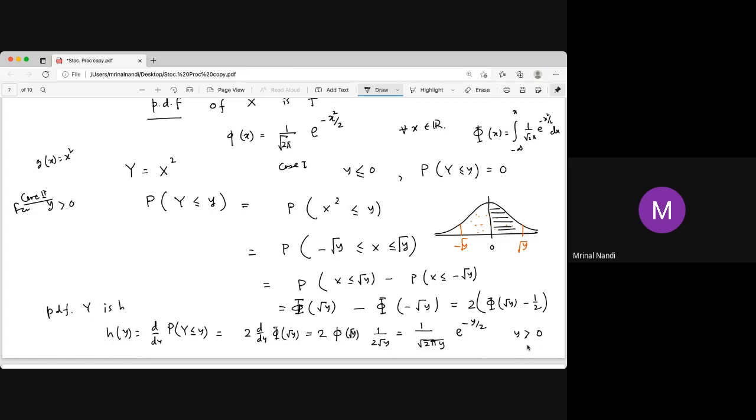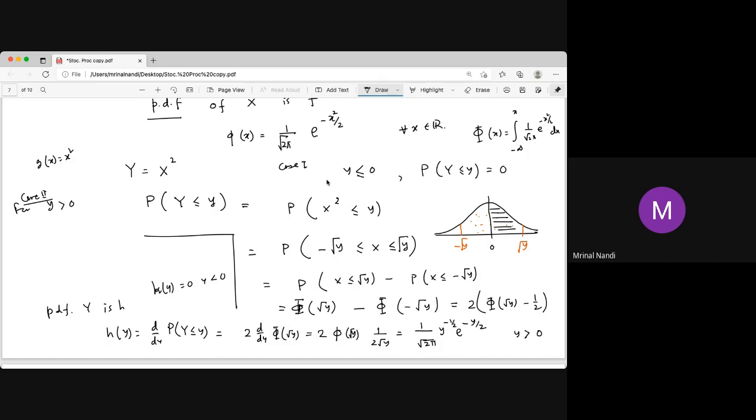If y is less than 0, then h of y is 0. Sometimes we write this with y to the power minus half: the 2 cancels out, and 1 by root y is y to the minus half, times 1 by root 2 pi, times e to the power minus y by 2.